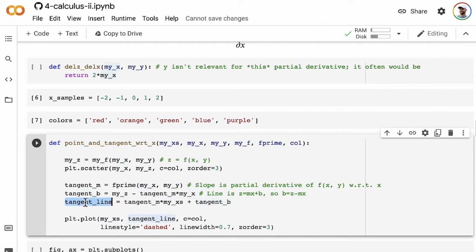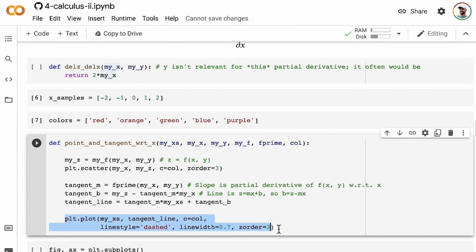And then now we can actually create our tangent line by performing m times x plus b across our range of x values of interest. So -3 all the way up to +3 for our plot. So we'll have a tangent line over that same range of x values.